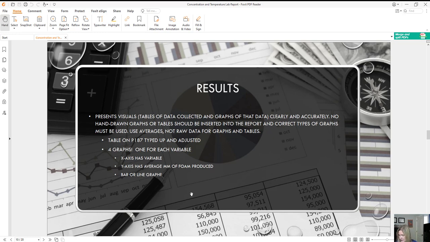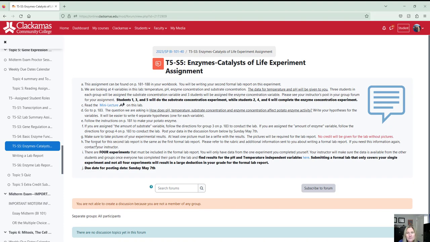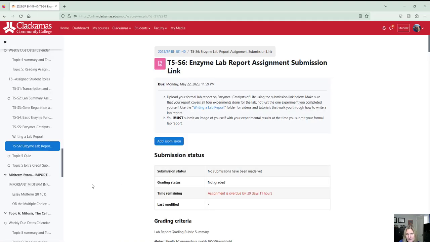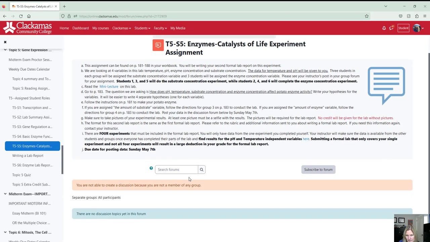So the first table is the pH. Well, we didn't have group 1 and group 2 for pH. So with the pH data, you're just going to go back into our Moodle page, and here is that data. Where did I put it?